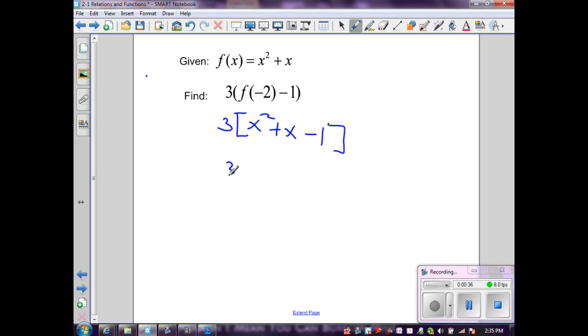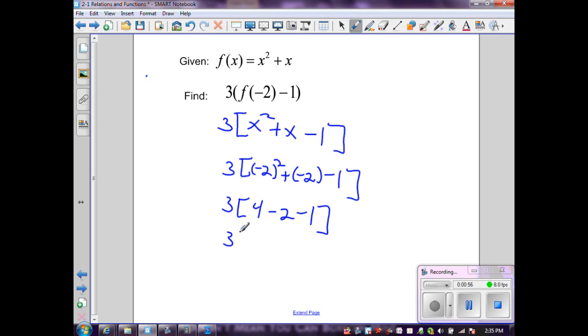Bring down the 3. Into my x is a negative 2 squared plus a negative 2 minus 1. Simplifying in the bracket gives me 3. Negative 2 squared is 4 minus 2 minus 1. Simplifying in the bracket gives me 4 minus 2, which is 2, 2 minus 1, which is 1, and then 3 times 1 is 3.